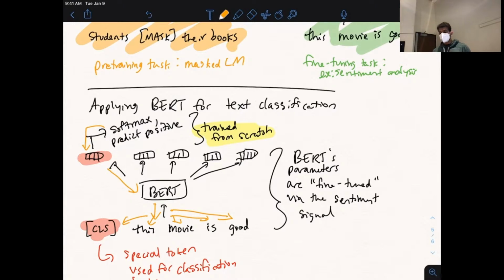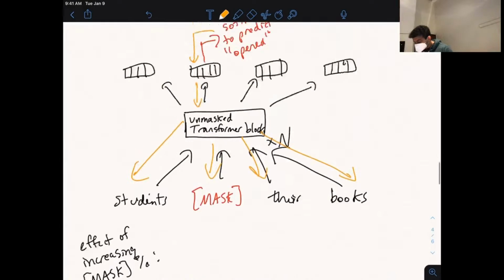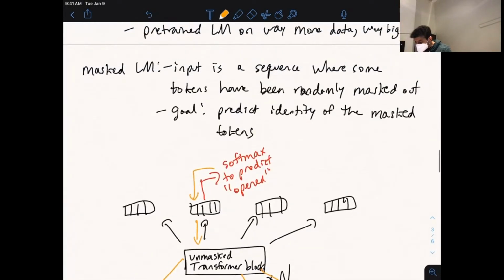Okay, any questions? Yeah. So when you add the softmax layer, are you replacing BERT's original classification layer? Yeah, that's a great question. So remember up here, I had this softmax layer that predicts the identity of the mask token, right? So the dimensionality of this representation here is the size of the vocabulary, just like in normal language modeling.